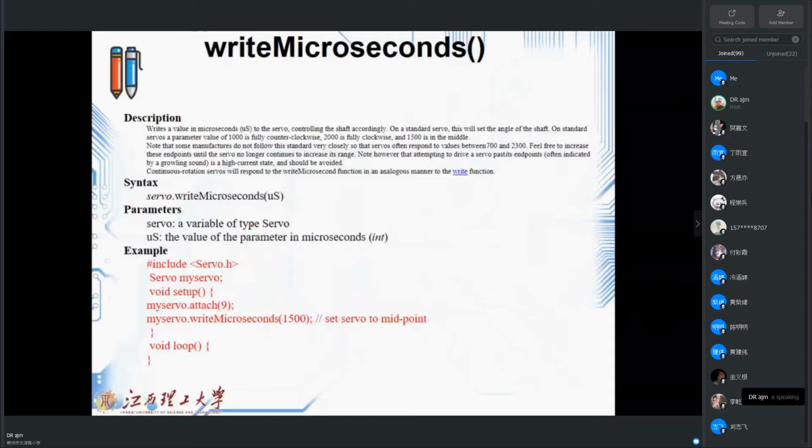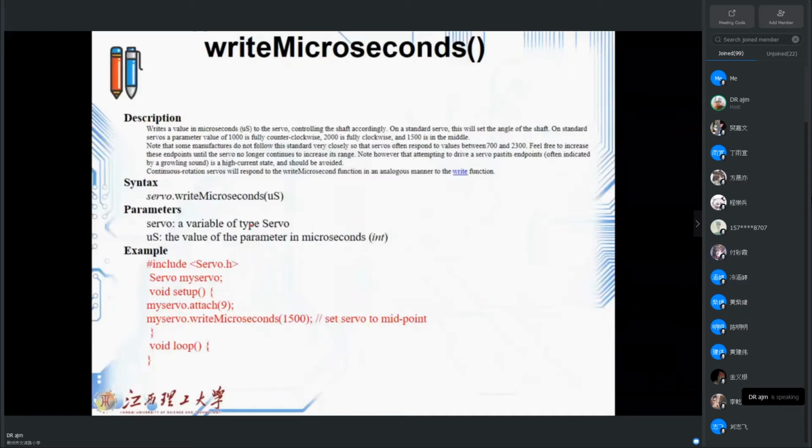Note that some manufacturers do not follow this standard very closely, and it may have another value, so you should see the data sheet of your servo motor. The syntax is servo.writeMicroseconds(us), where servo is a variable of type Servo, and in microseconds you put the parameter.